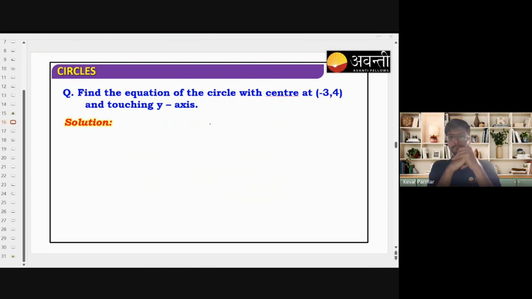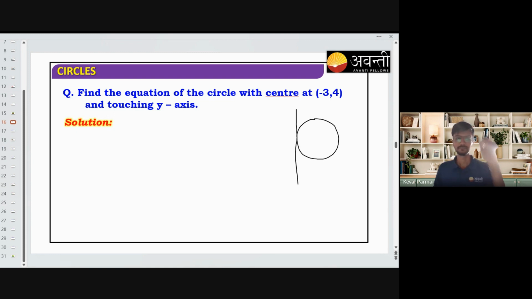Let's see. Find the equation of the circle with center at -3, 4 and touching the y-axis. Now, let us try to draw the diagram first. How will the diagram look? Let's say this is a circle and it is touching the y-axis. That means the y-axis will be something like this.